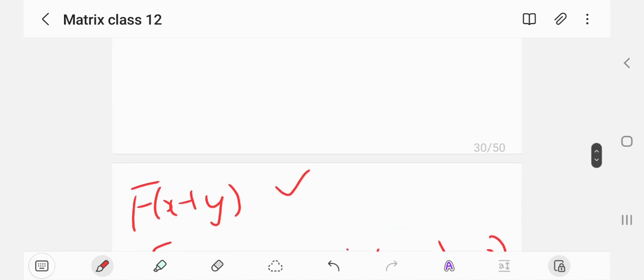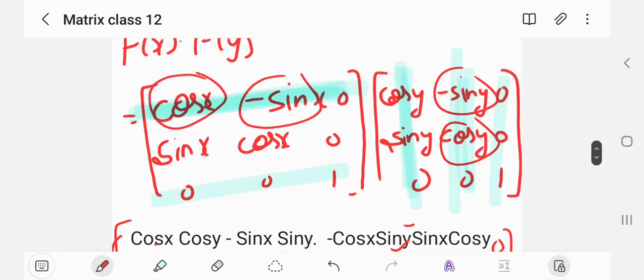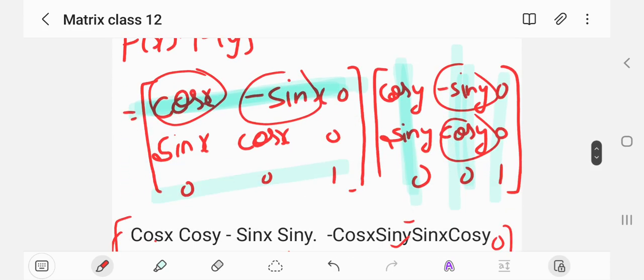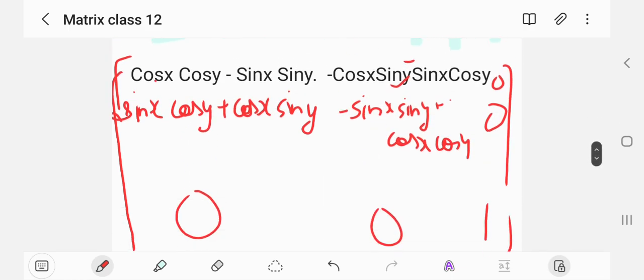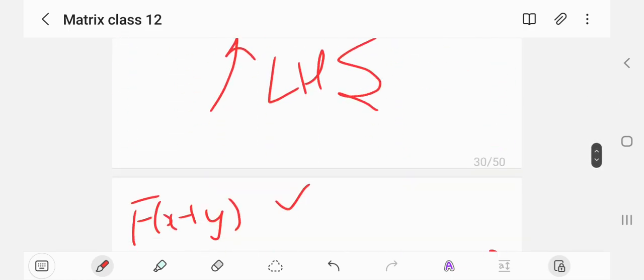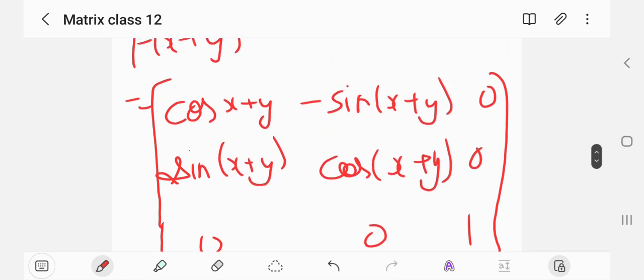What is next I have to do? I have to show that both LHS and RHS are equal. This is my LHS, right? In the first glance you might be thinking that they are different, but no, they are not different.